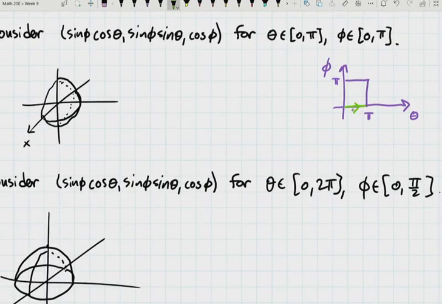A point. Good. Yes, that's just the North Pole. So under the parametrization, that whole line segment just gets mapped to a single point. Okay, how about this side, where theta is pi, and phi goes from 0 to pi.